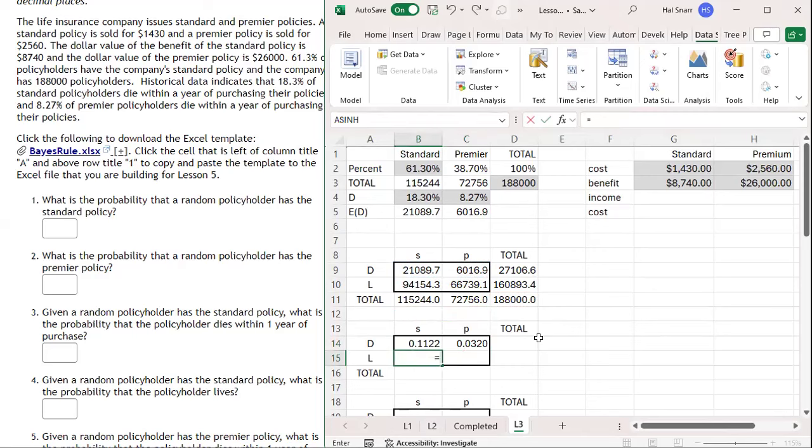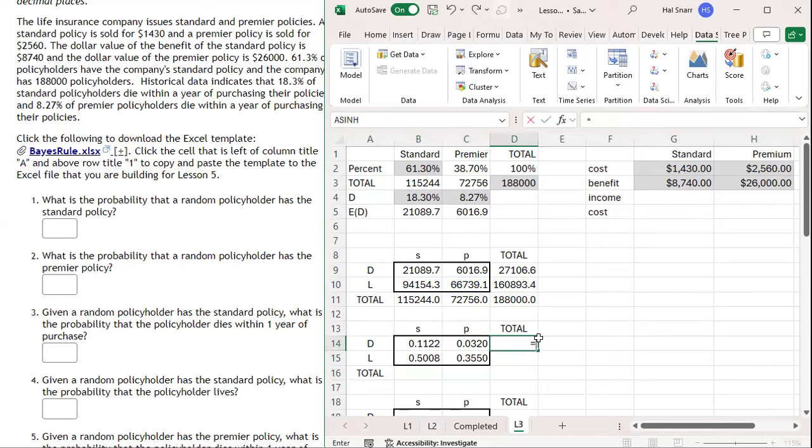The probability that a policyholder lives and is a standard policyholder is that divided by the overall total. And then finally, the probability that a policyholder lives and is a premium policyholder is that number divided by the overall total.